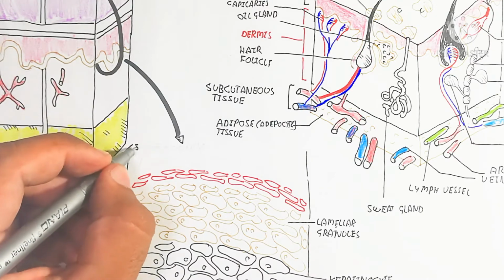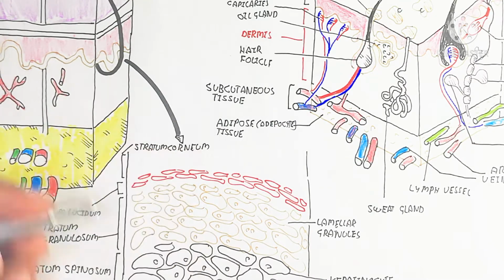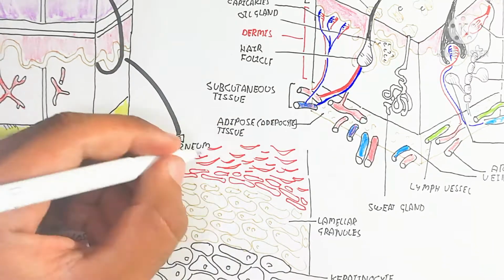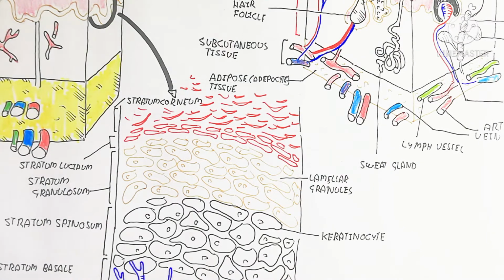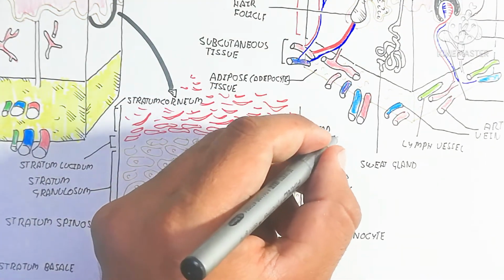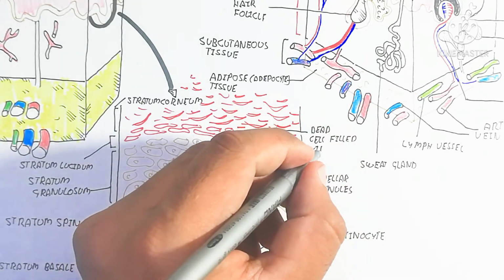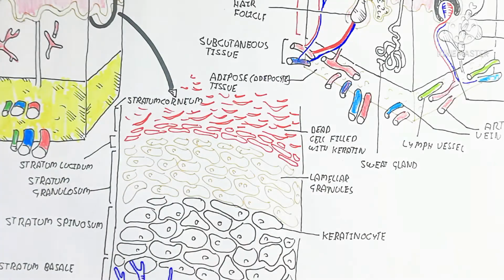The shedding of dead cells containing keratin is rupturing and being released. So here is the stratum corneum. The stratum corneum is the upper part of dead skin cells filled with keratin, which is shedding continuously.